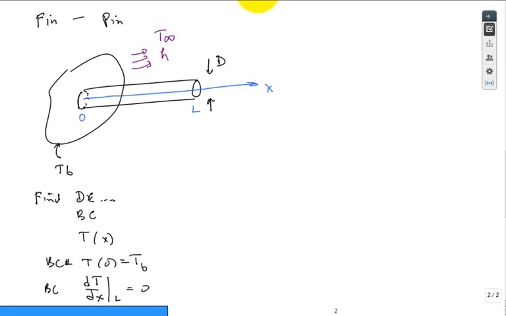Well, focus in on a small control volume, so you just sort of cut this disk out, if that makes sense. And you have the flow coming into that disk by conduction from the left, and the flow going out by conduction to the right, and then you have the flow of heat by convection off of the perimeter, off of that surface area of that little disk into the fluid.